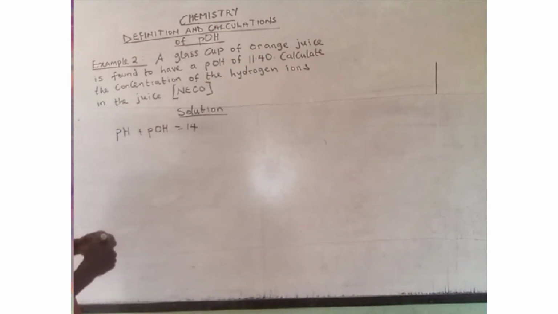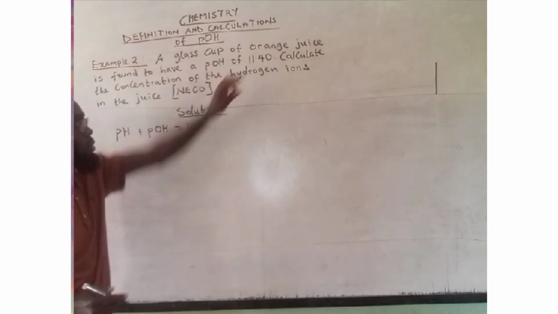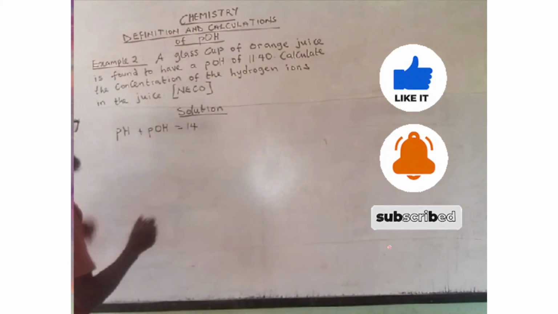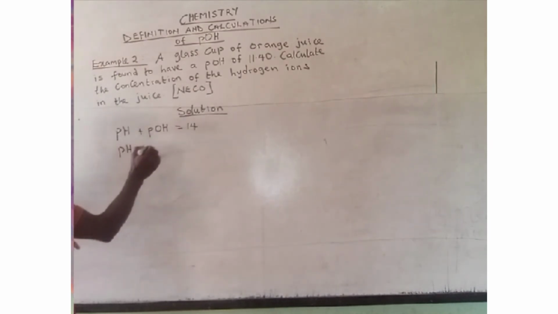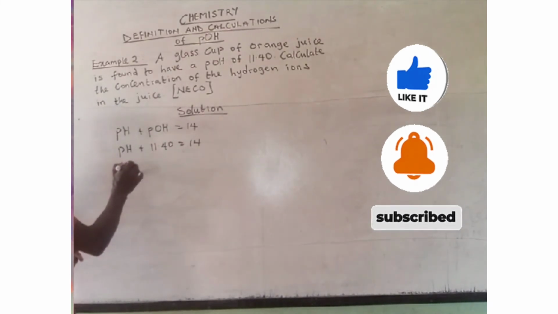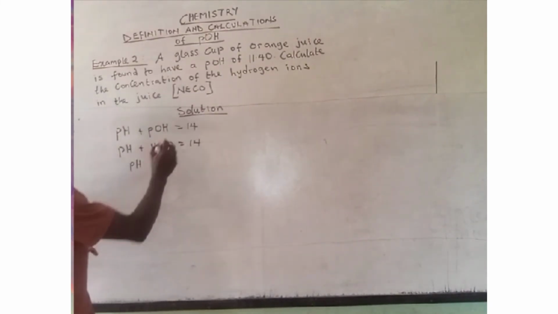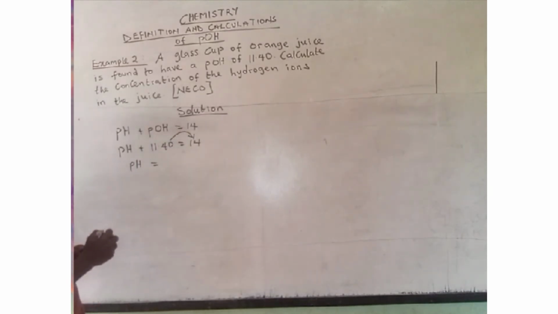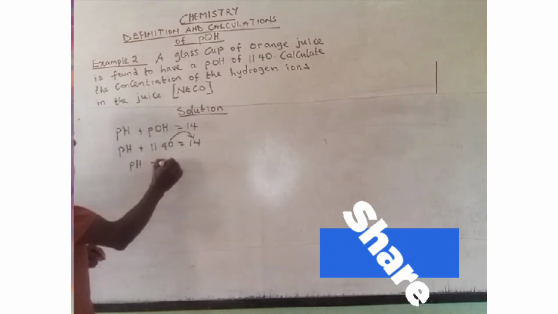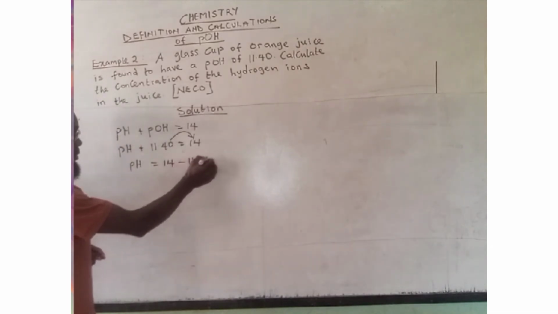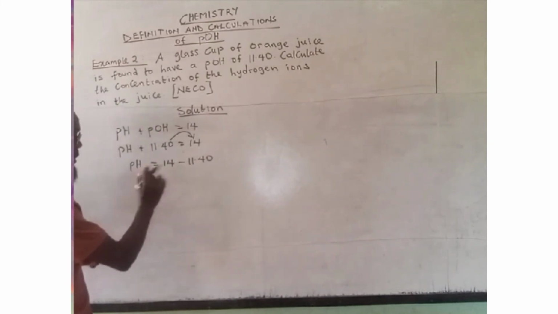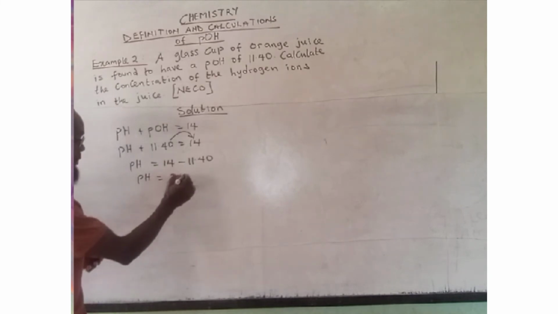And from this question, we are given the pOH to be equal to 11.4. When we substitute, here we have pH plus 11.40 is equal to 14. So, when you collect like terms, 11.40 moves to the other side and this sign changes to minus. So we have 14 minus 11.40, and my pH will equal 2.60.